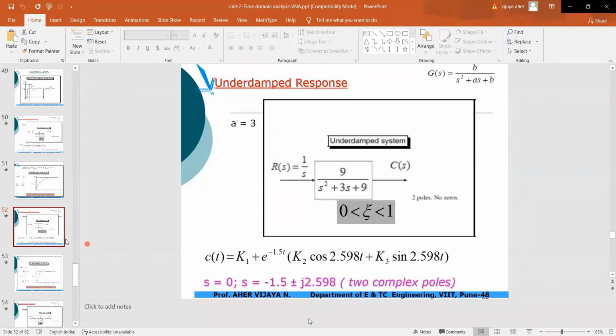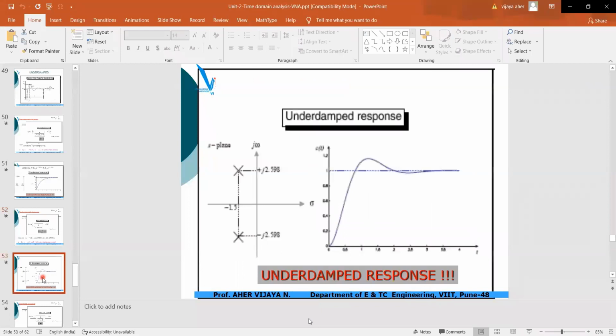Now how will we locate them? Here you have plotted the poles. This is S1. S1 is equal to minus 1.5. First pole is located at this point, with real part equal to minus 1.5 and imaginary part equal to plus 2.598, on the positive j omega axis.